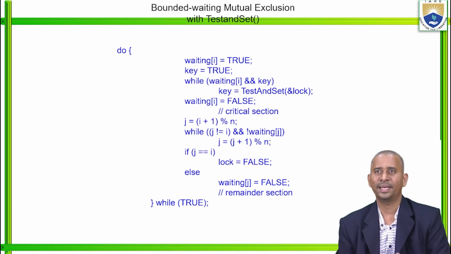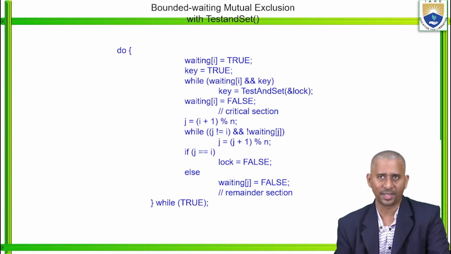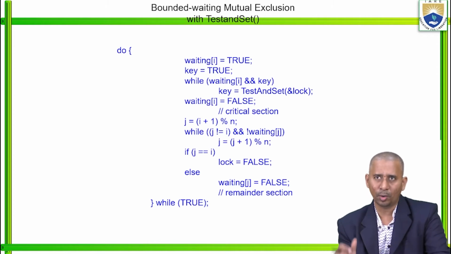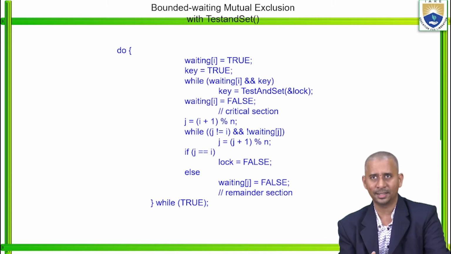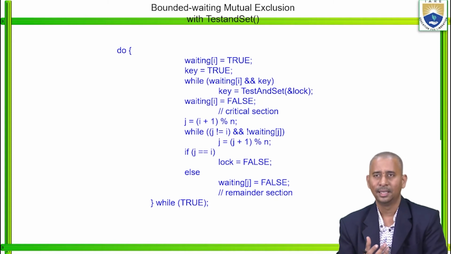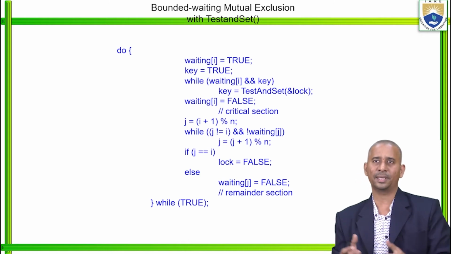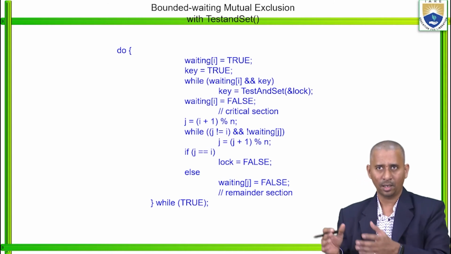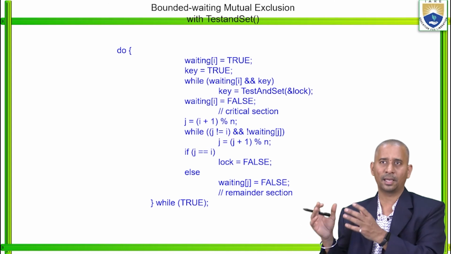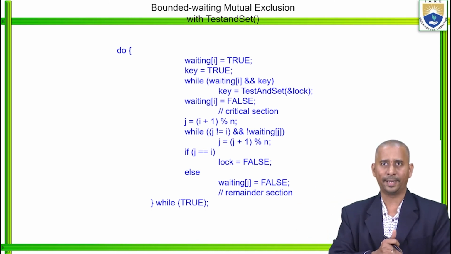Then bounded waiting mutual exclusion with test and set. In the sense that if one process is already executing in its critical section and some other process is ready to enter its critical section, then the system makes that process wait until the previous process releases the key.